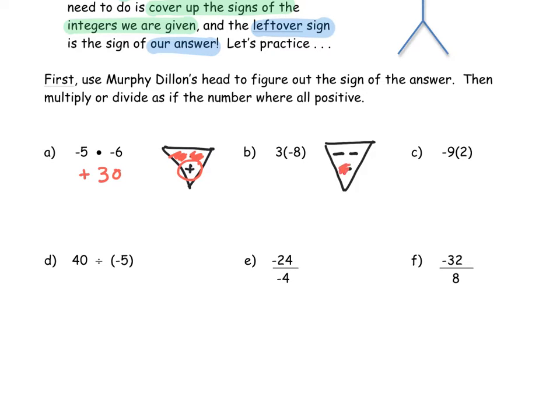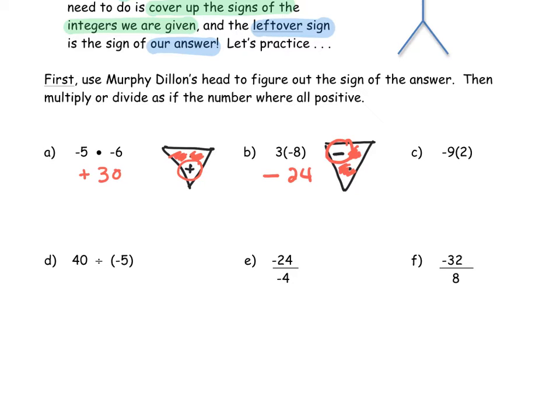If you said the positive sign for the 3 and a negative sign for the 8, you are correct. The leftover sign is a negative, so our answer is going to be negative. So now we just look at this as 3 times 8, and the answer is -24.